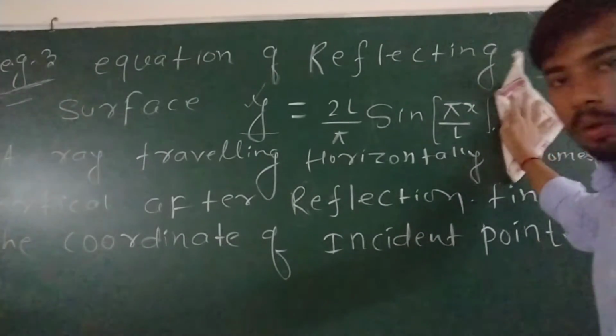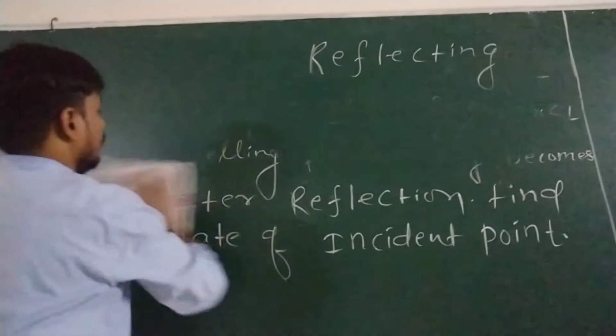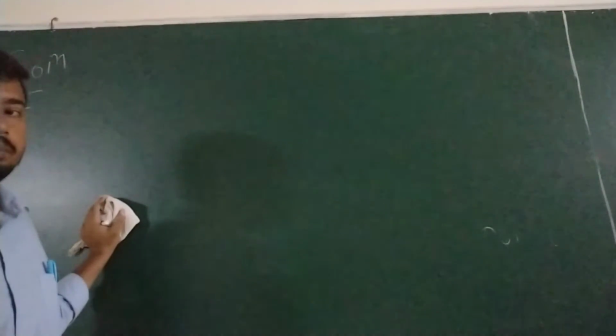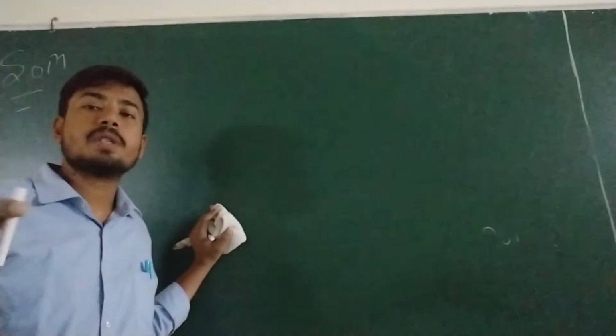First of all, equation is given, so you have to make its diagram. Y is equal to something which is in the form of sine.